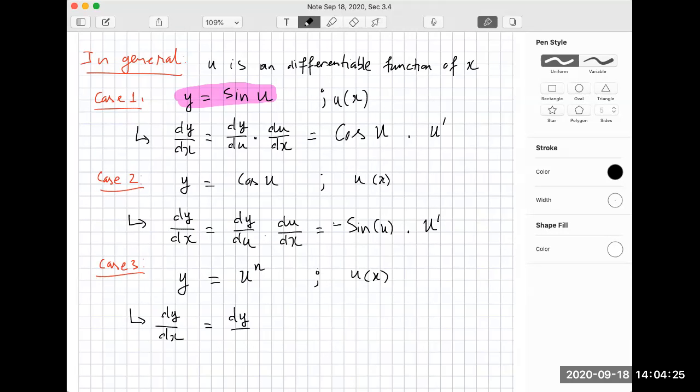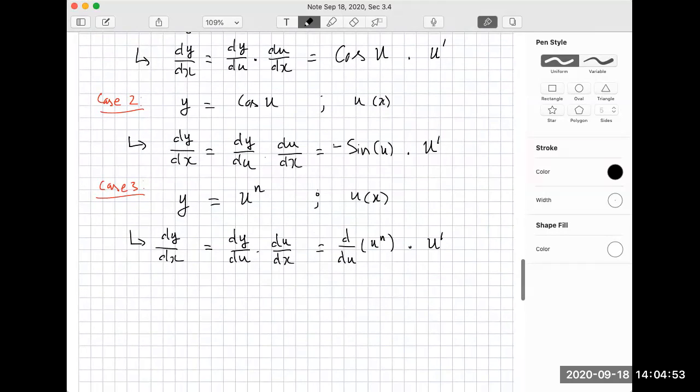The same rule, dy over du, du over dx, right? And dy over du, and y is u to the n. Du over dx is simply u prime. Okay? So, what is it?